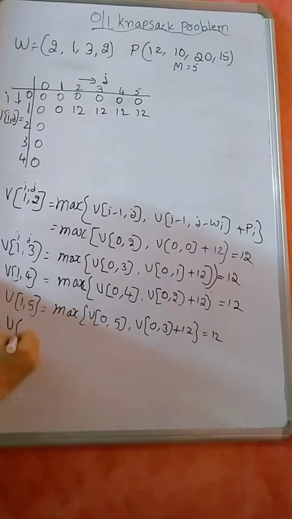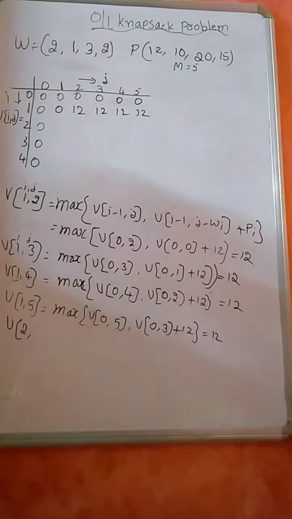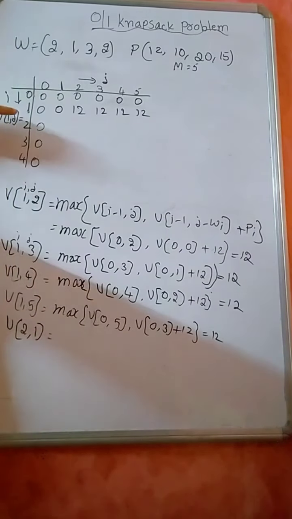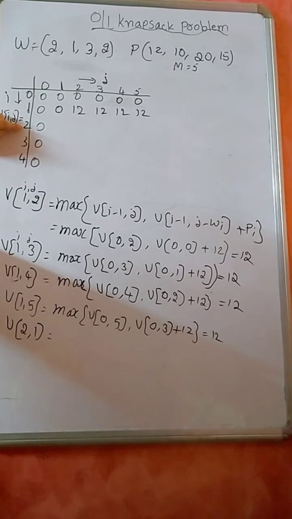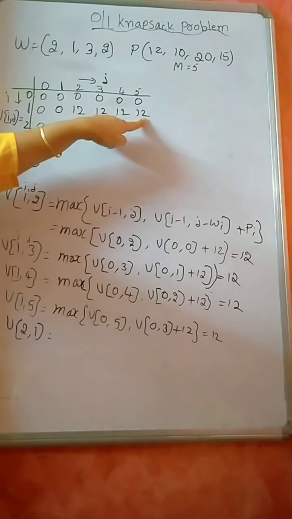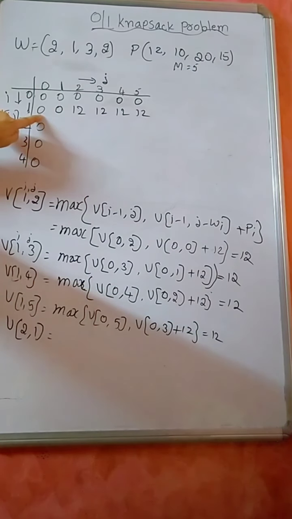Next, the next object, 2, 1. Now I am considering the second object. As I told you, this is how the dynamic programming concept will work. It will take the first object, solve it, and the result is stored in an array, maybe a one dimensional array or a two dimensional array. Here it is a one dimensional array if I consider.